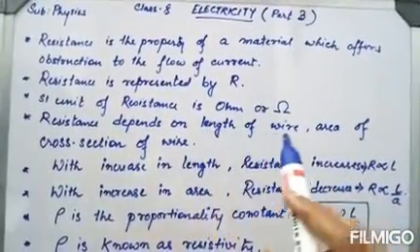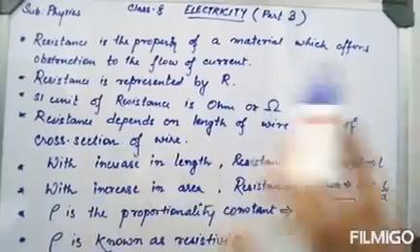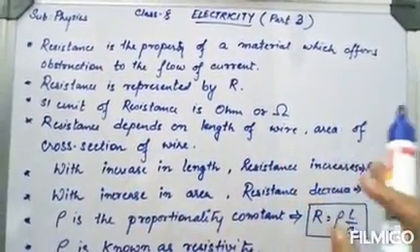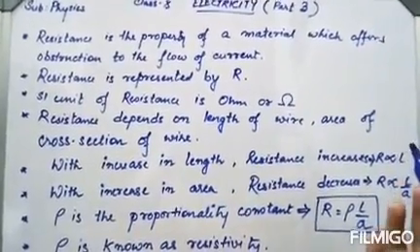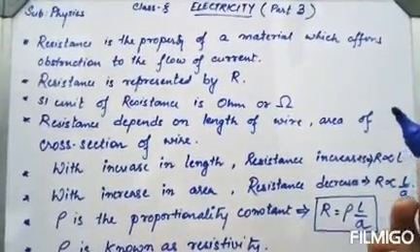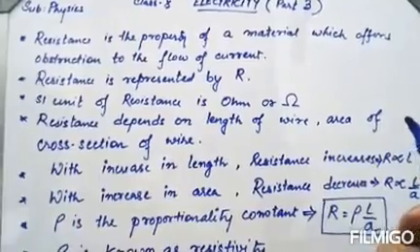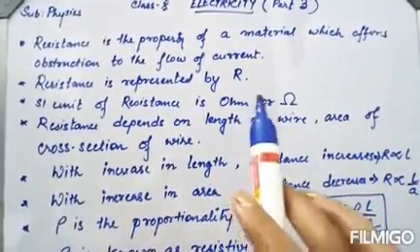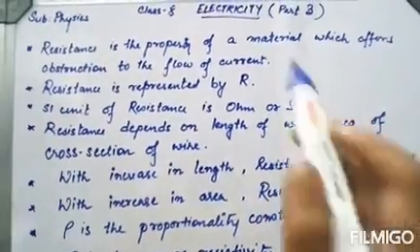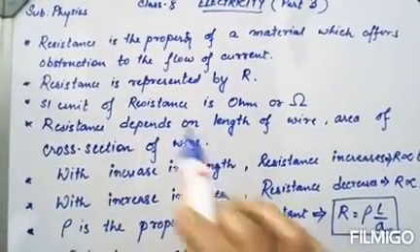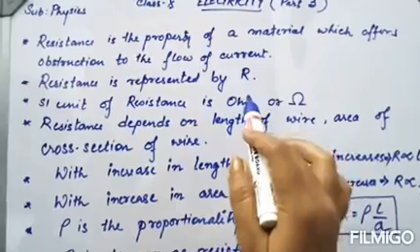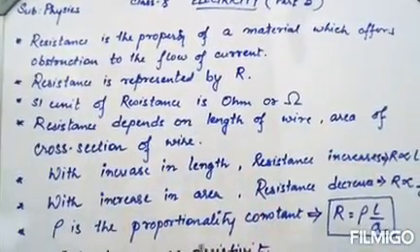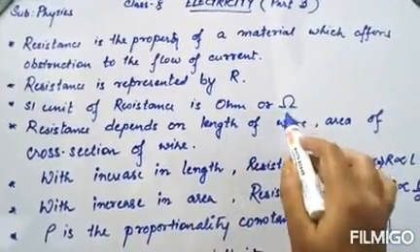As I have explained, when the electrons move in a haphazard way and collide with one another, thus increasing the temperature of the material, that obstruction they provide to the free flow of current is known as resistance. Resistance is represented by the letter R, and SI unit of resistance is ohm.